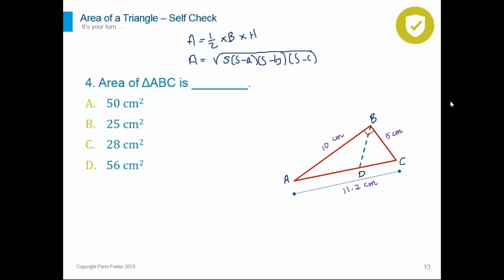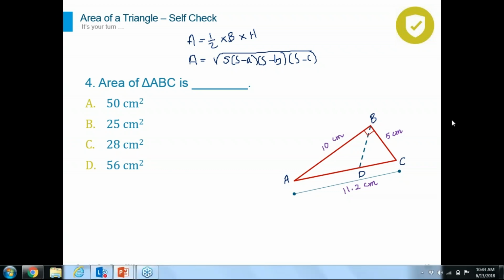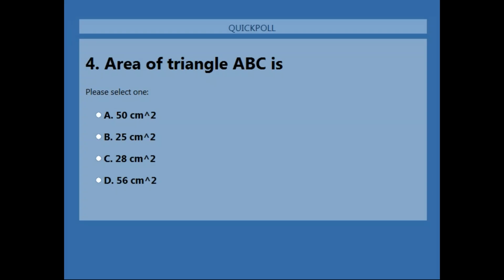Okay, I'm going to change my screen and do the question later together. What is the area of that triangle that we had on the screen?